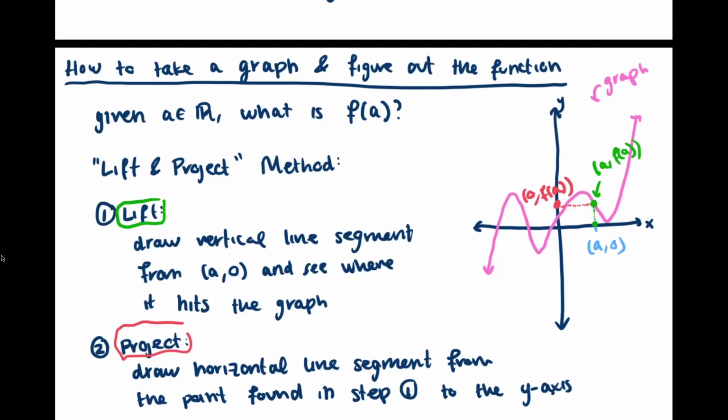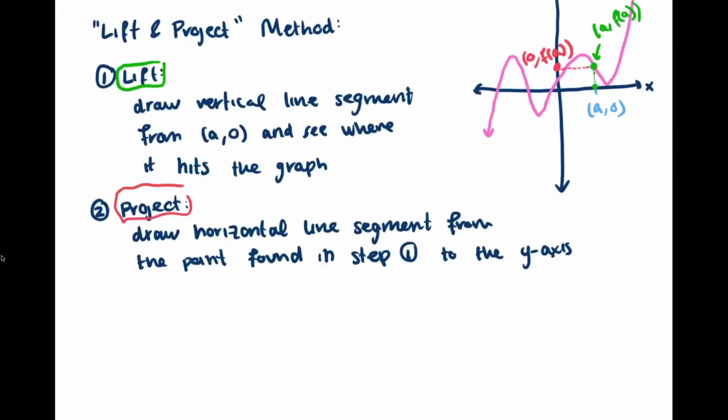Okay, well, one thing you might wonder is, I just drew this pink squiggly line, but how did I know that that actually was the graph of some function? If I just draw some picture inside of R2, how do you know whether or not that is the graph of a function? So here's how you can determine that.